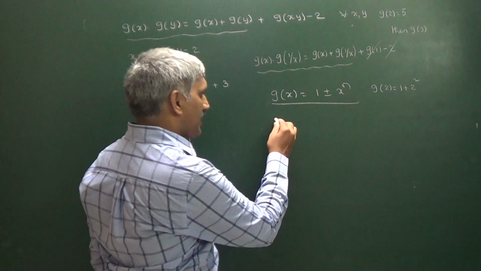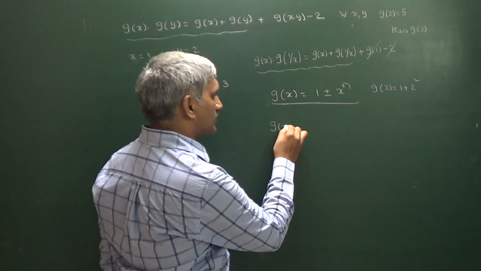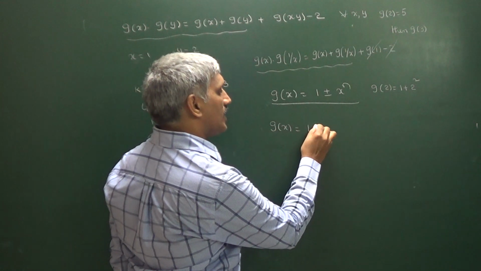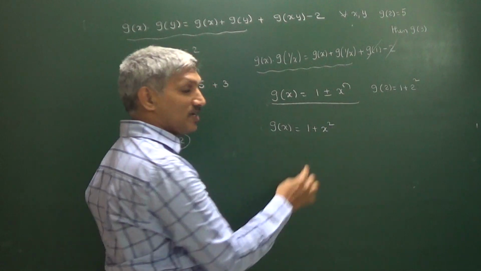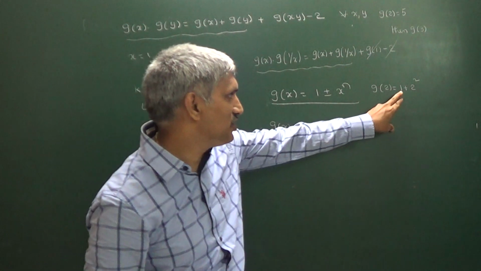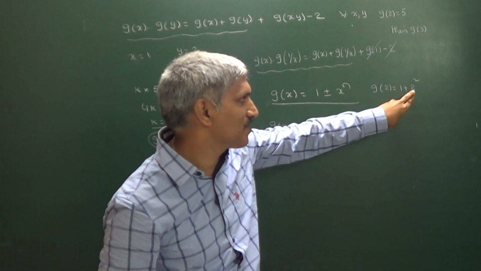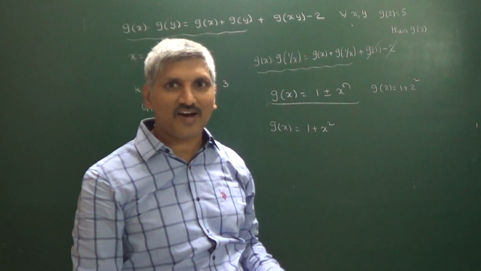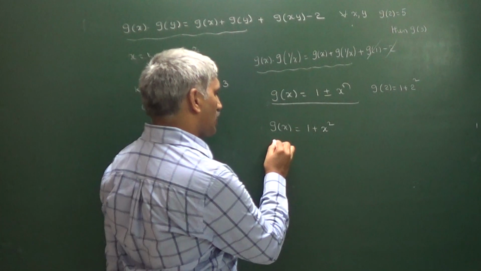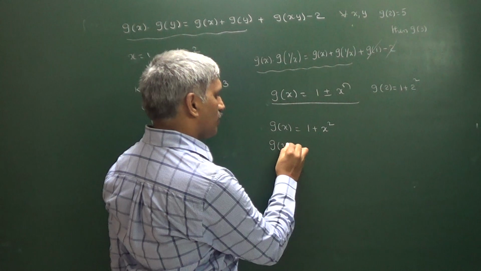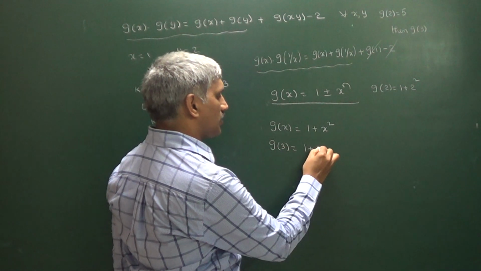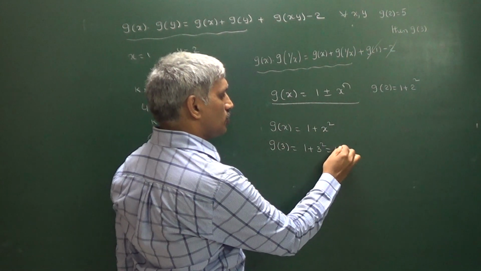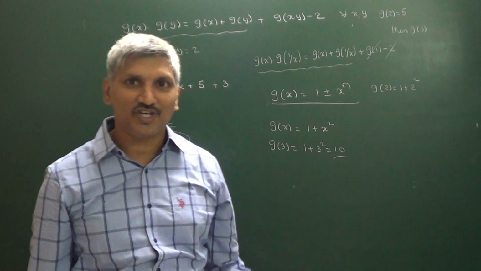So I can write the function g of x as 1 plus x square only, right? g of x is equal to 1 plus x square, then only you will get 5. Now he is asking the value of g of 3. Comfortably we can find 1 plus 3 square, that is equal to 10. That is the value of g of 3.